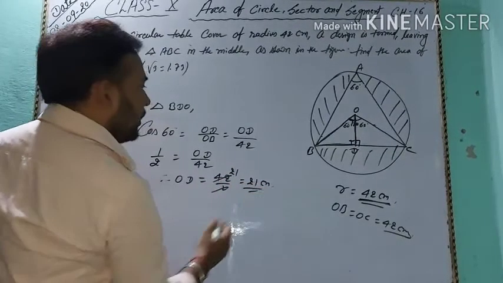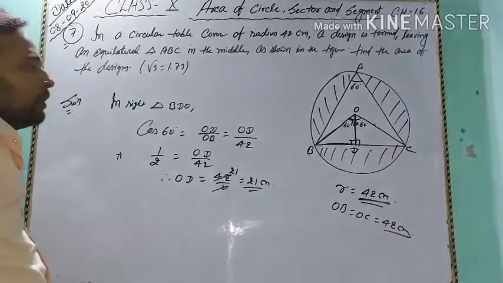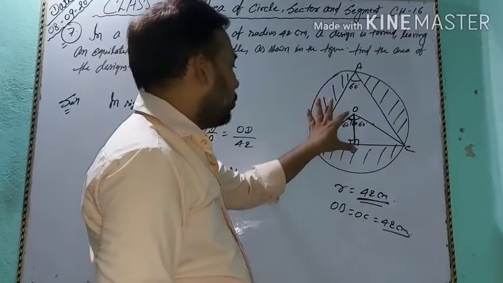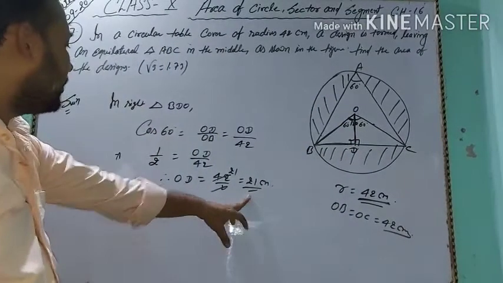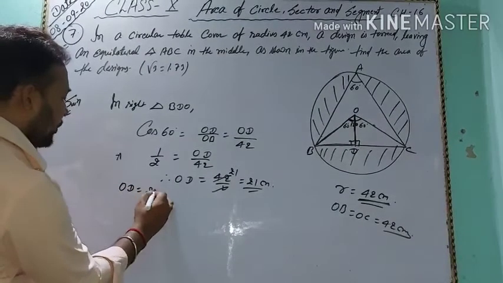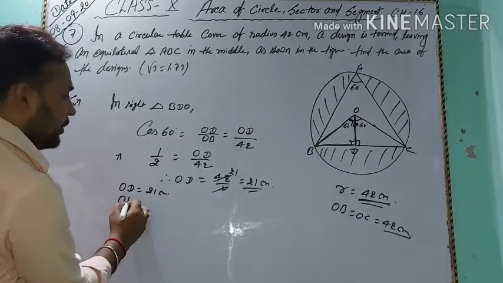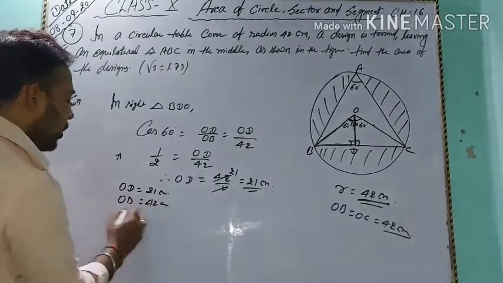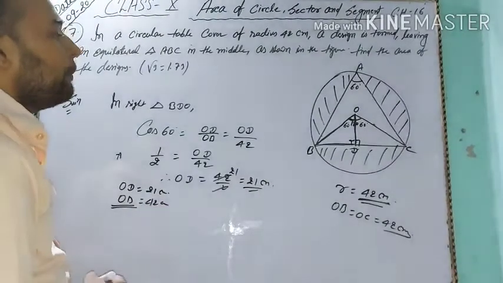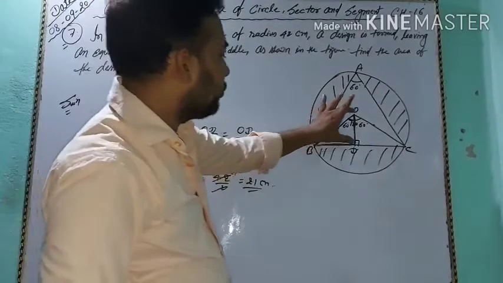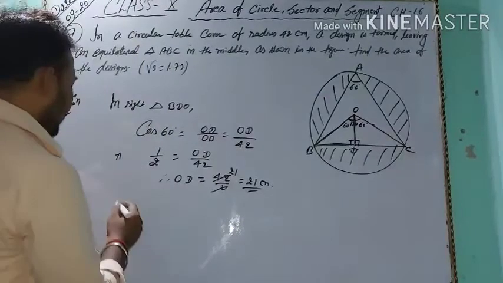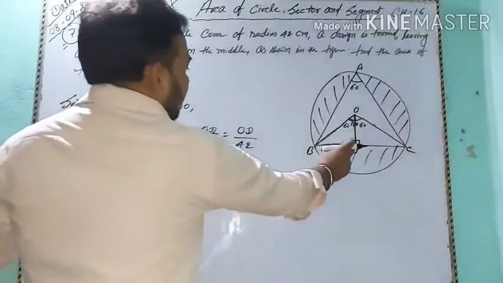Now by the Pythagoras theorem, find BD. OD equal to 21 centimeter and OB equal to 42 centimeter. OB is the hypotenuse, OD is the base. Find the perpendicular BD.